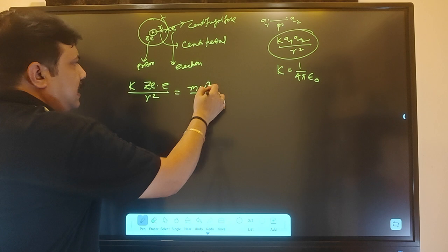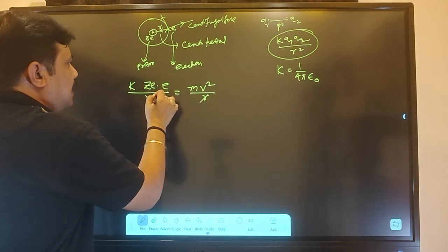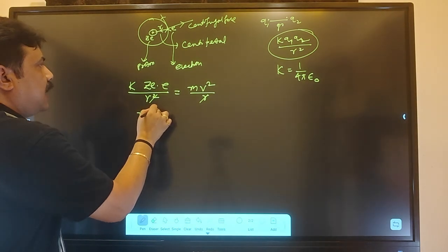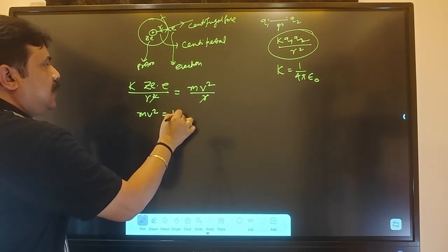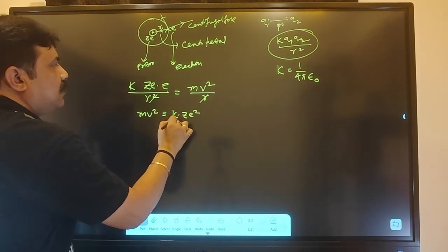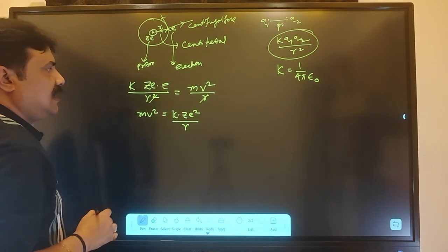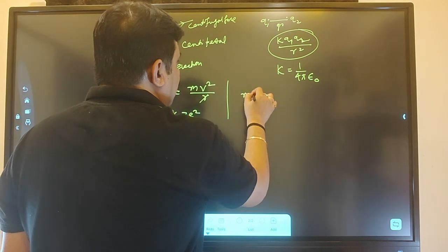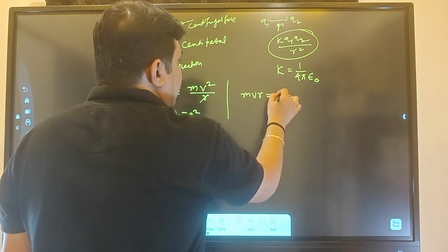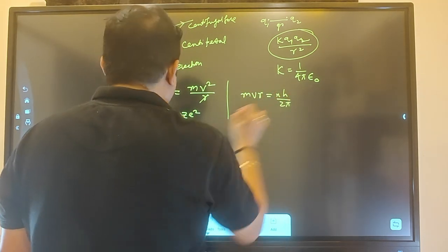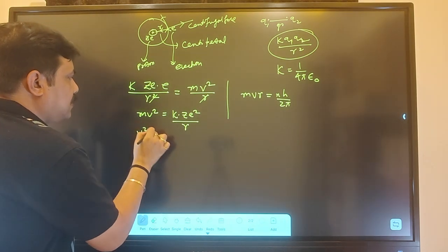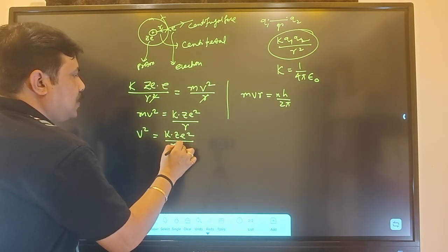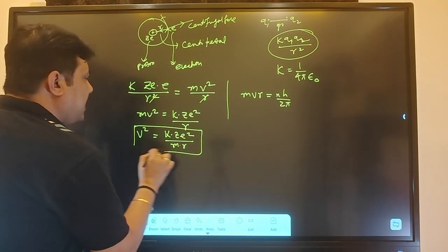Now immediately look at this r and this r, one power cancels out, then we get mv square equals K Z square by r. We are getting these things. Now if I write here again, mvr equals nh by 2 pi, or from here I can write v square equals K Z square by m r.